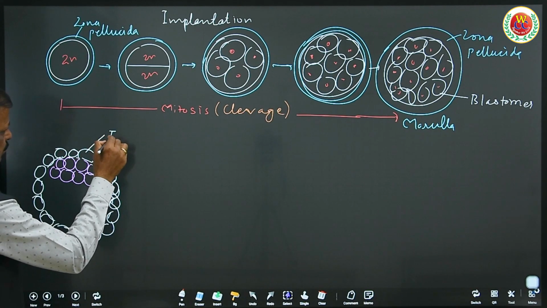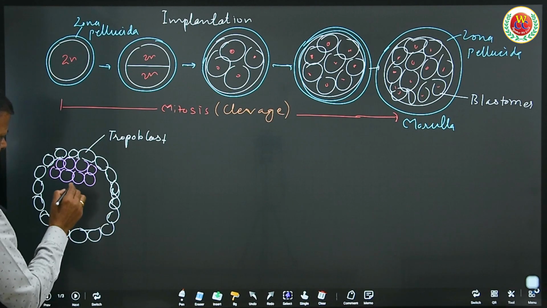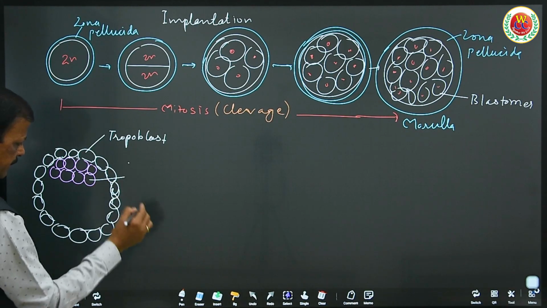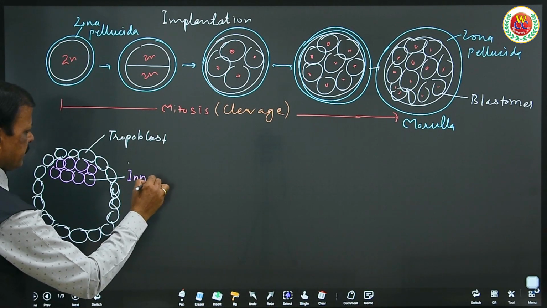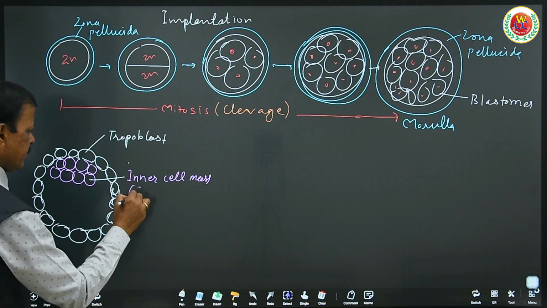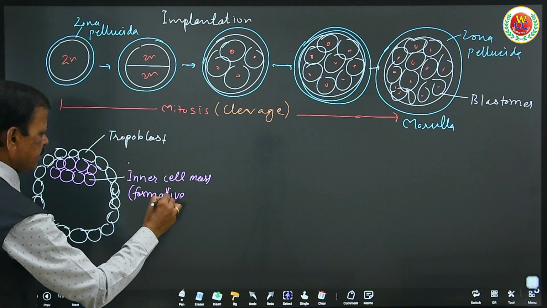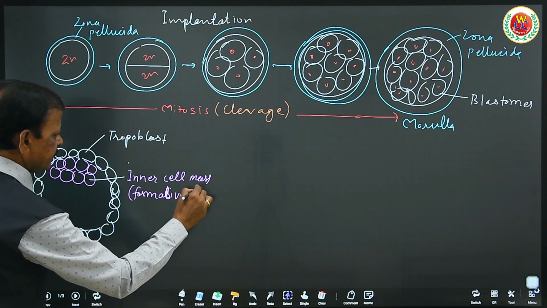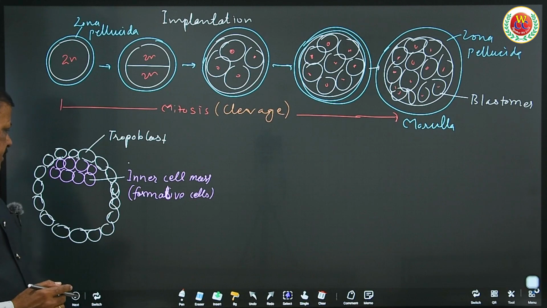This is the trophoblast, the outer layer, and this is the inner cell mass, also called formative cells, because they form the base of the embryo, the 3 germinal layers.